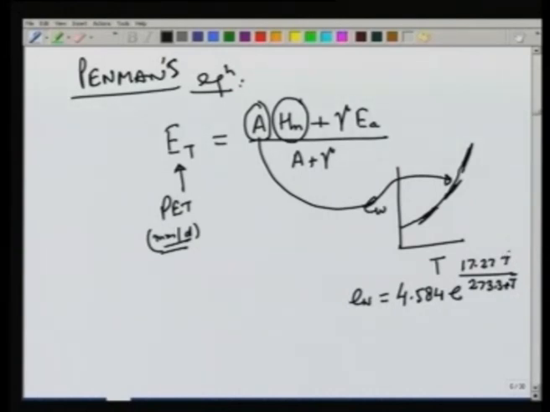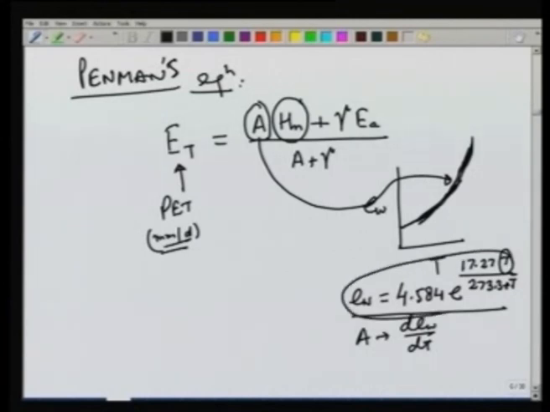So, this T is the temperature, and you can obtain this E W by fitting this curve, but most of the times this curve will be given in a tabular form, and the slope A also will be given in tabular form. So, slope of this line A, which is d E W by d T, can be found from this equation, or using the tables or the graph we can find the slope A. So, I will write it here.